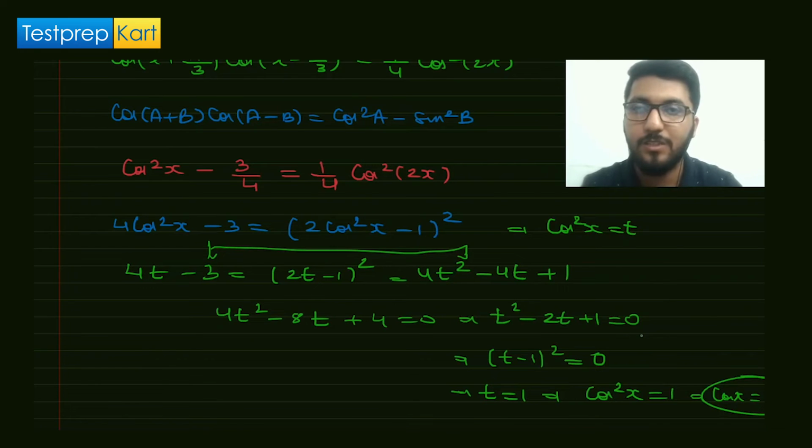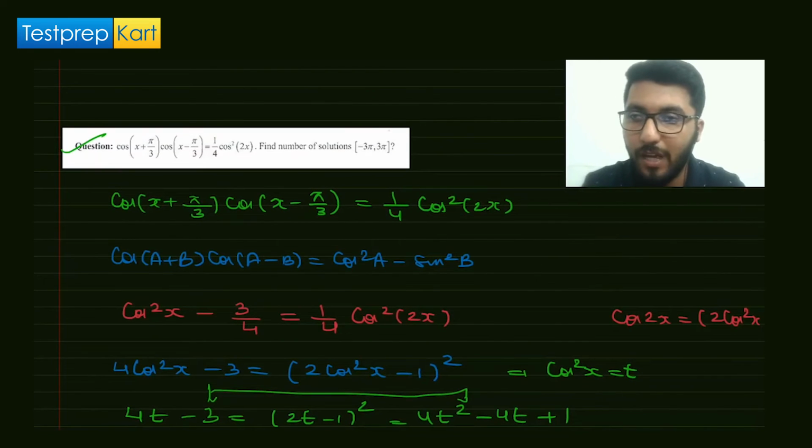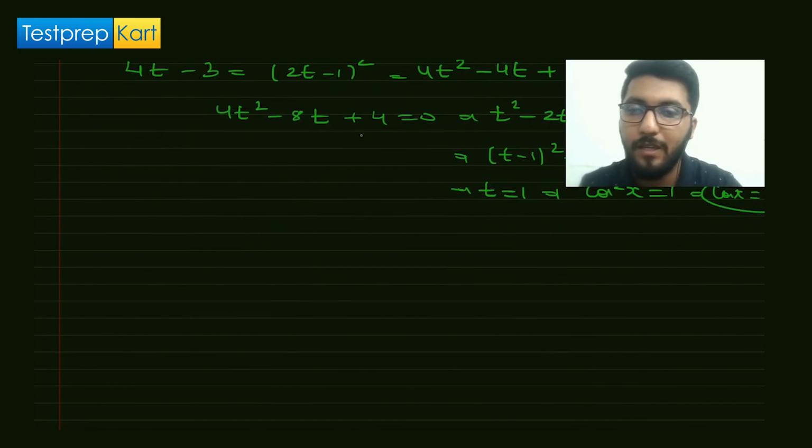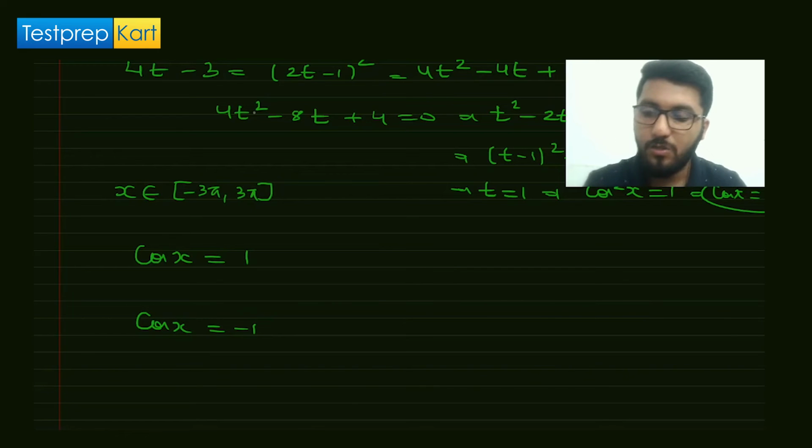Now the only challenge is to find the solutions. We have the interval from minus 3 pi to 3 pi, and we have cos x equal to 1 and cos x equal to minus 1. So for cos x equal to 1, we want the values of x for which cos x is 1. That will be x equal to 0 for sure, cos 0 is 1.